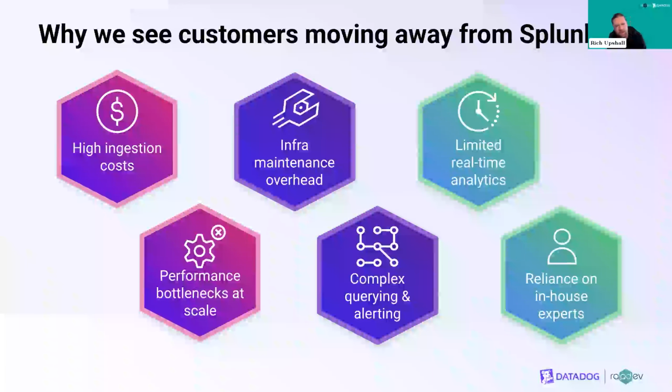Speaking of metrics, one of the common themes we hear from customers and potential customers is around limited access to real-time analytics. So often it's hard to get at data quickly. It may take a minute or two for dashboards to load up, for logs to come back, which really hampers some of that investigation work that needs to happen when issues and outages occur.